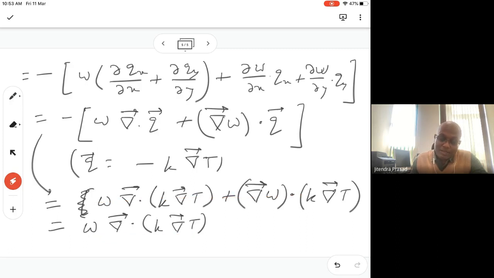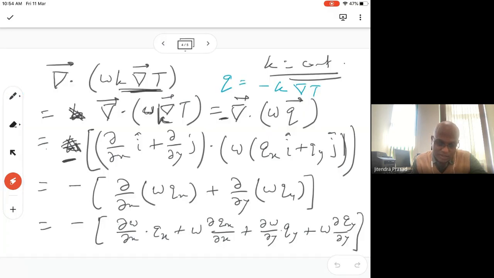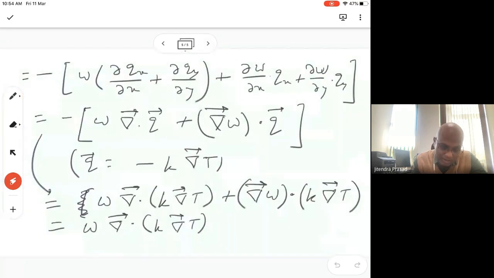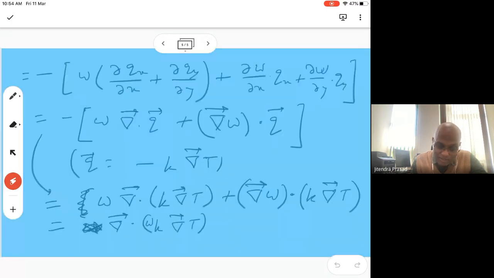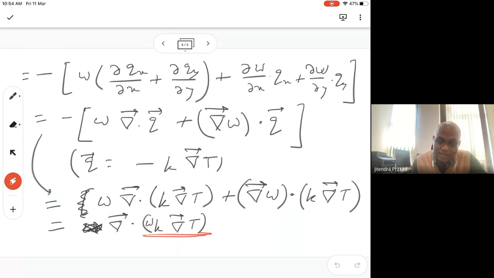Okay, so that means, and we have this one. Just a minute, guys. No, that is not the same thing. This is w here. Okay, so not this. We had started from here. Okay, so w was inside. So we started with this form where w was inside, and we derived that one. So we have w here.